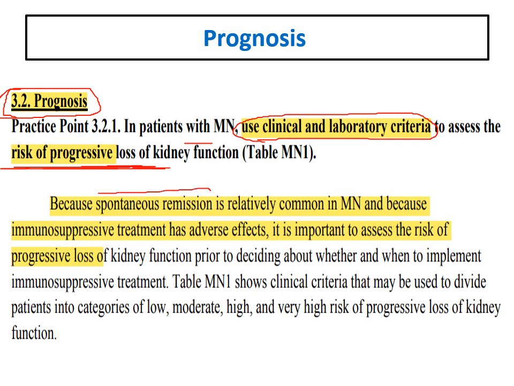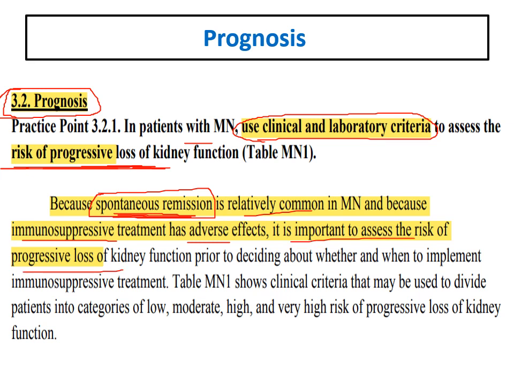Because spontaneous remission, this is also an important note in membranous, as we all know, can happen in around one third of patients with membranous glomerulonephritis. It's very common, and immunosuppression has side effects. So it is important to assess the risk of progressive loss of kidney function.